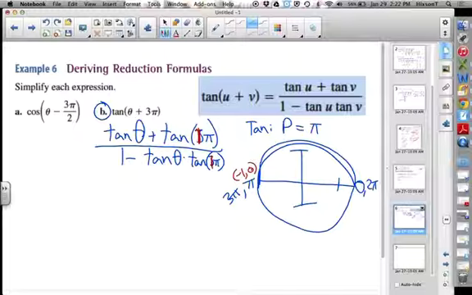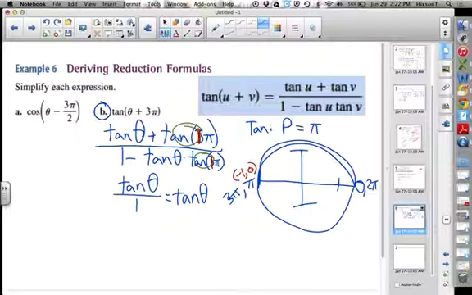So this whole part right here equals 0, and this right here equals 0. So in our numerator, we just have tangent of theta, and in our denominator, we have 1 minus 0, which obviously is just 1. So that's tangent of theta.